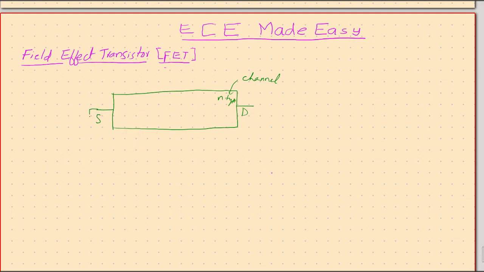So, when we apply a potential across this, then the electrons travel from the source to the drain through this bar, and they make a cycle and hence form the current.